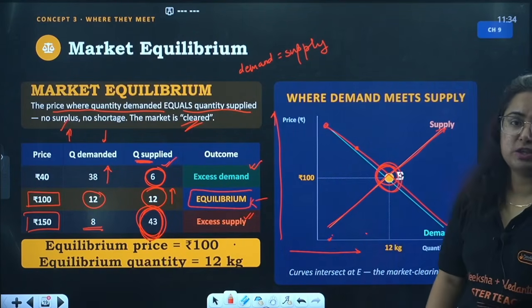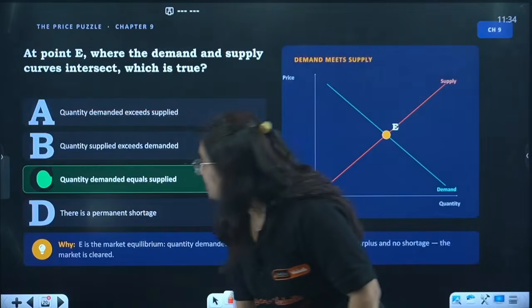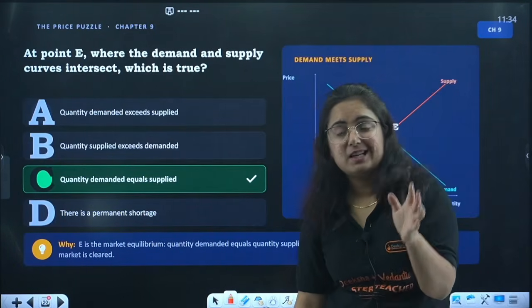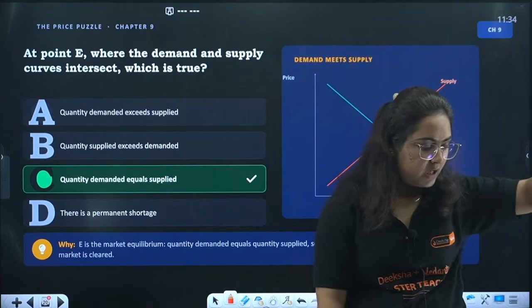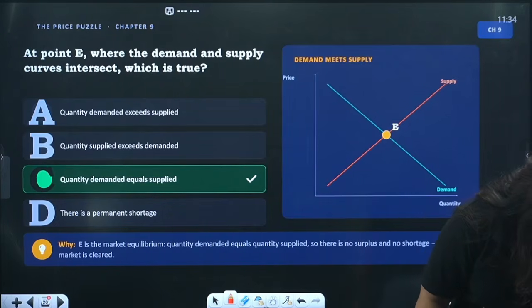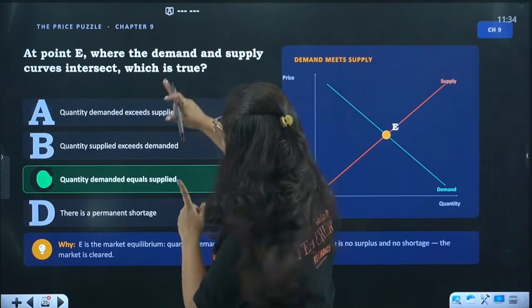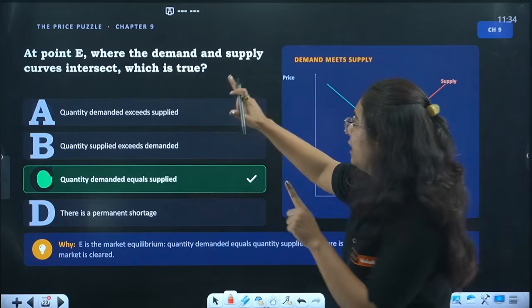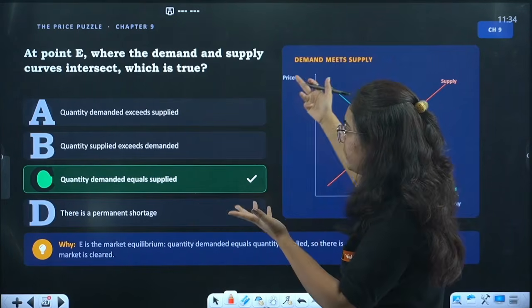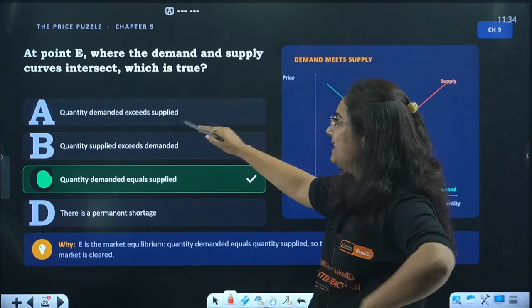But now a question comes to our mind: ma'am, is this market equilibrium realistic? No, not at all. This market equilibrium is actually not a realistic condition. Let's come back to a question: at point E, where the demand and supply curves intersect, what is true? Quantity demanded exceeds supply?